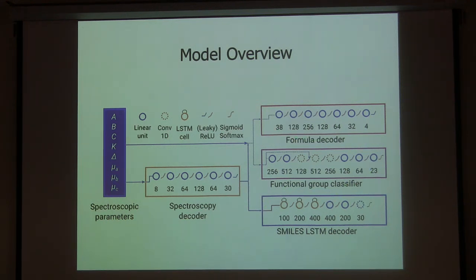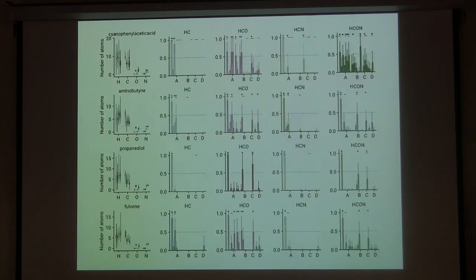This is at an early stage, but it does look promising. He has now shown here 4 examples. This is a somewhat complicated plot, but on the left is the so-called violin plot of the composition, and these are different functional groups. So does it have a CH, a CNO, CN, or CNO?